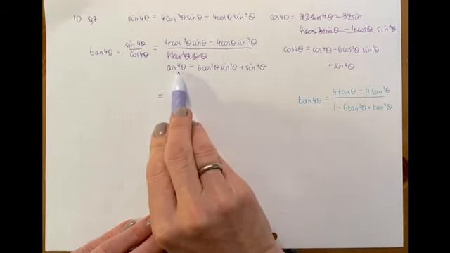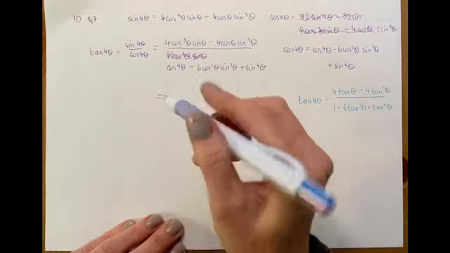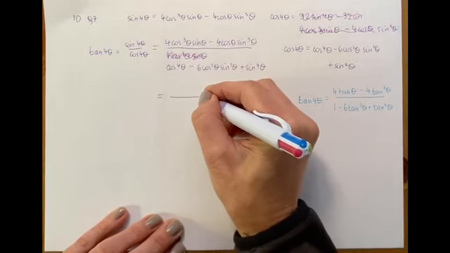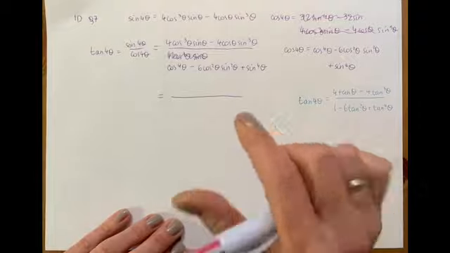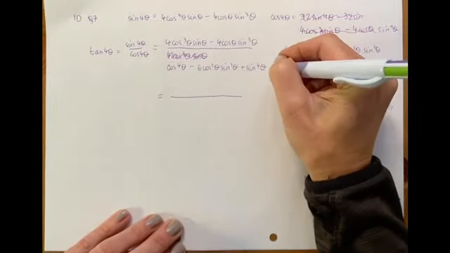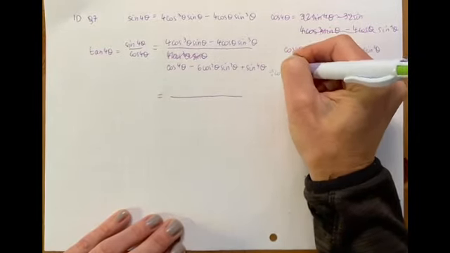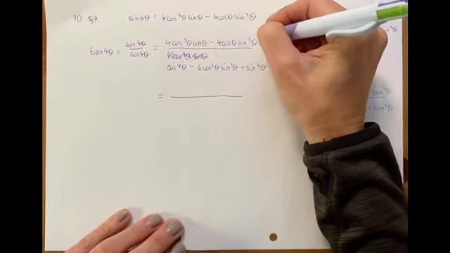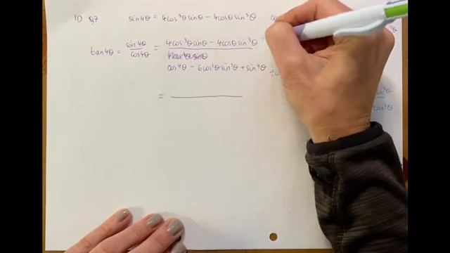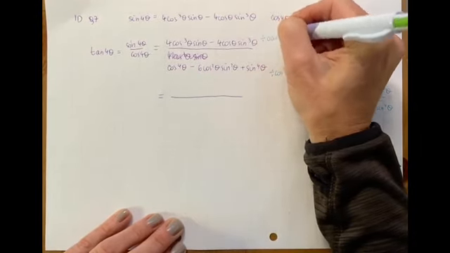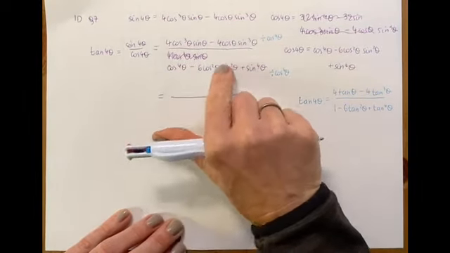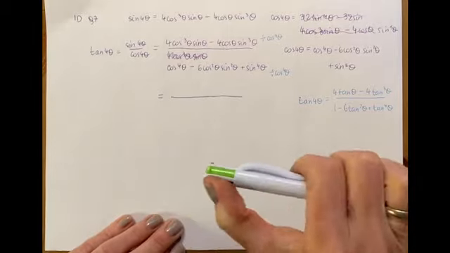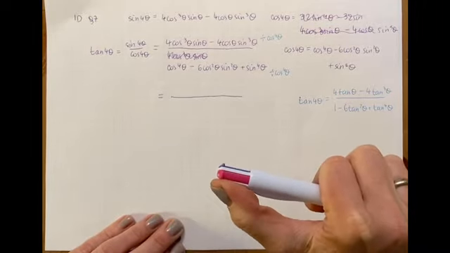At the moment I've got cos to the power 4, so I need to get rid of it. You get rid of it by dividing by cos to the power 4 theta. But whatever you do to the bottom of the fraction, you must do to the top. So every term, the 2 terms on the top and 3 terms on the bottom, needs to be divided by cos to the power 4 theta.